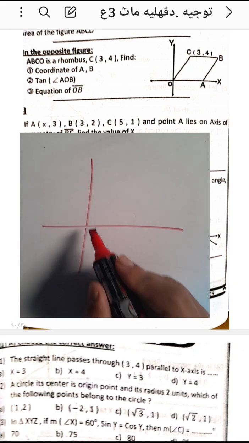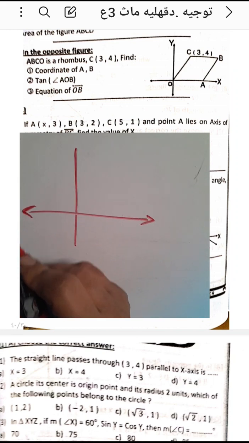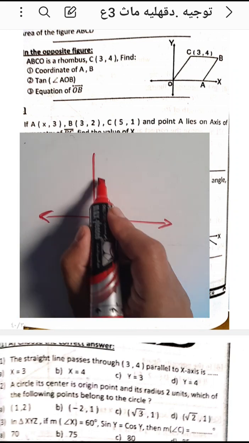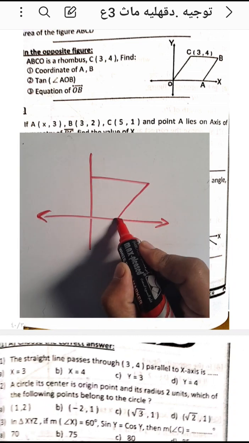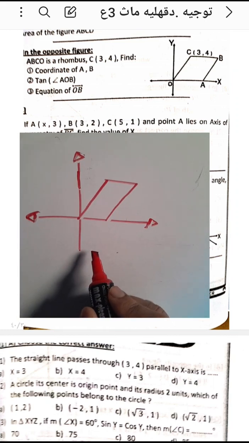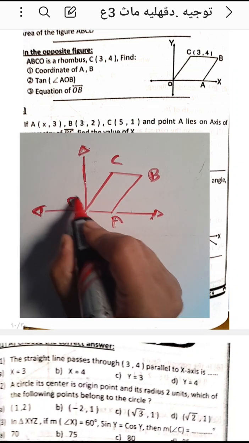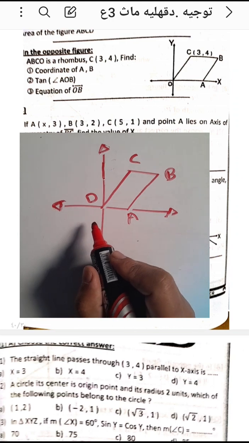Okay, we have the rhombus here, A, B, C, D, and this point will be O.